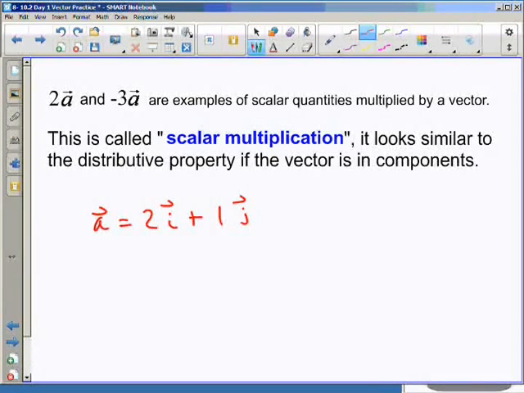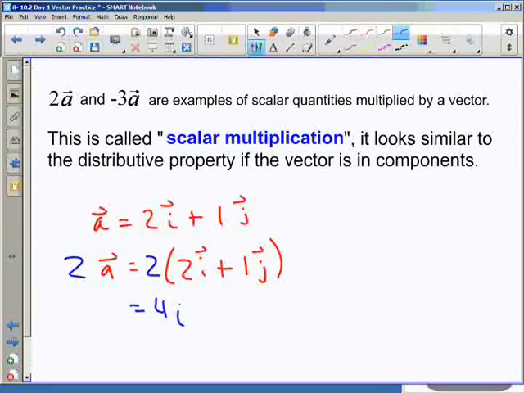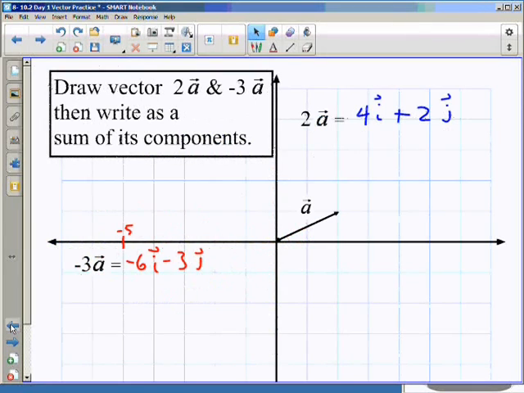We could think of finding 2A by doing 2 times 2i plus 1j, just as a distributive property. And we would get 4i plus 2j. If you look at the previous slide, you notice that's exactly what we got graphically.